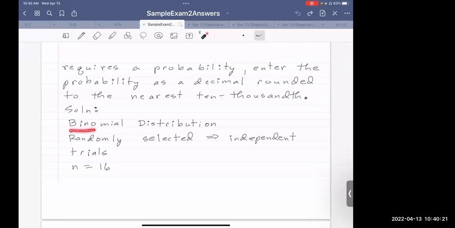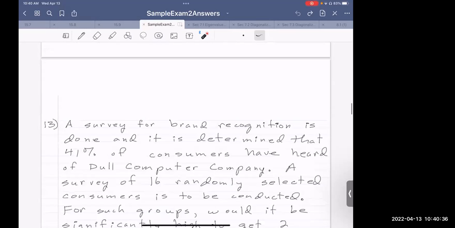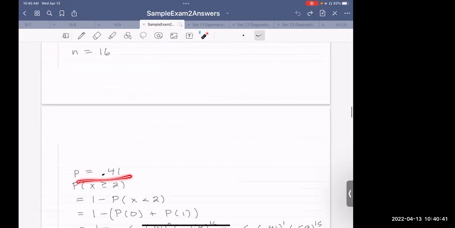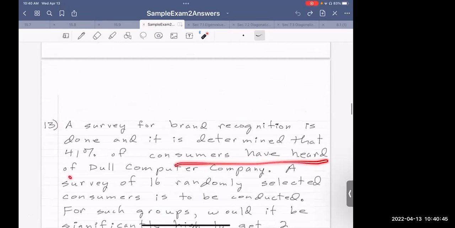Well, this is going to be a binomial distribution since we are doing random selection. And so each of the trials will be independent. We have here that n is equal to 16. And we have success is that they have heard of the Dell Computer Company.